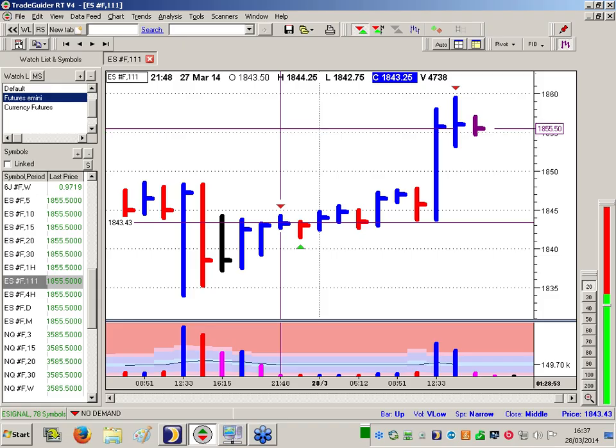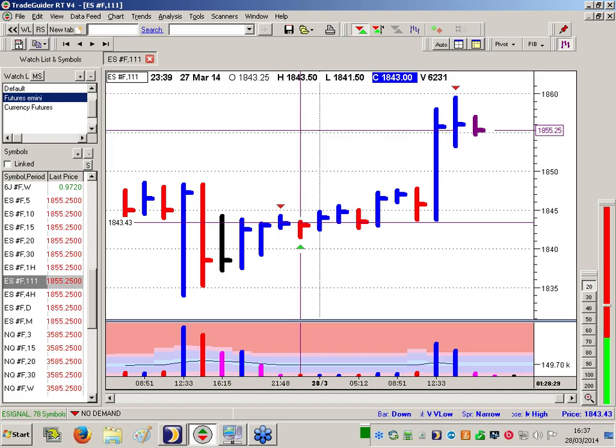Now, what have I said to you in the last 6, 7, or 8 seminars? If you see a red arrow in a rising market, and the very next bar is tested, that's a very, very positive sign. They want to go higher. And if you're a scalper, you definitely want to pay attention to them.